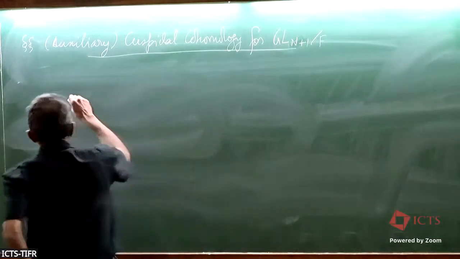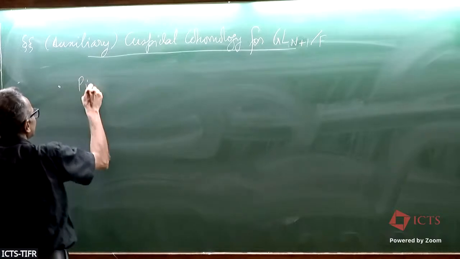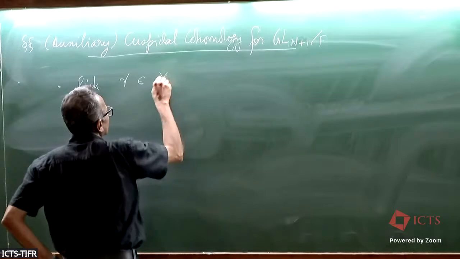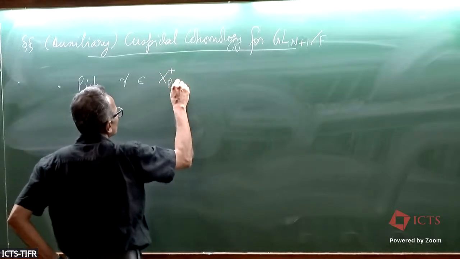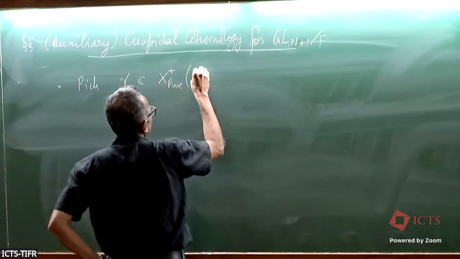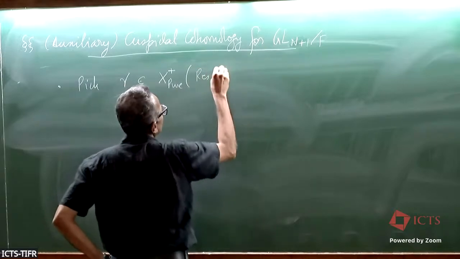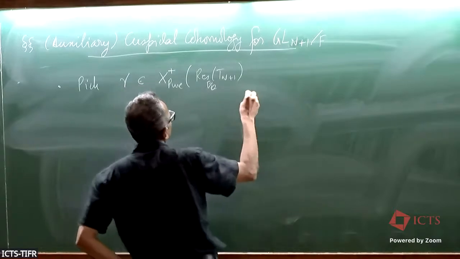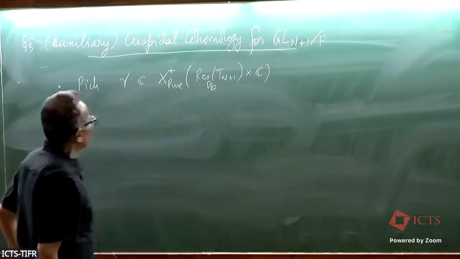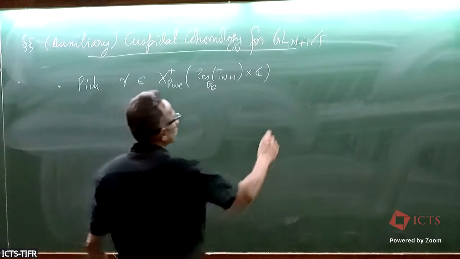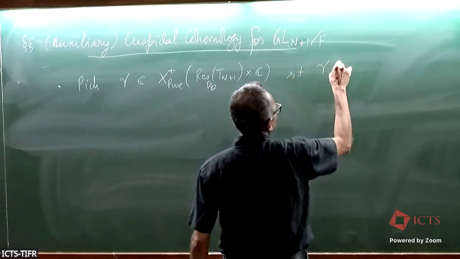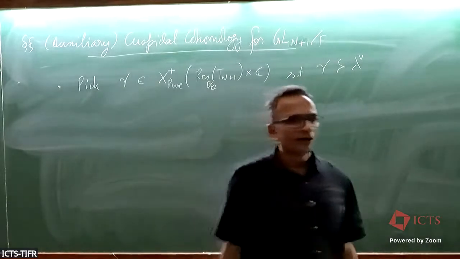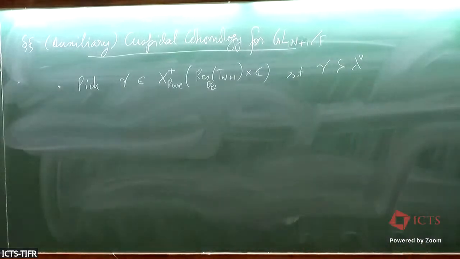So what you first do is you pick a weight, say gamma, which is a pure dominant integral weight for the torus restriction F to Q of the torus T_{n+1}, such that this gamma interlaces lambda check, lambda dual. There is some idea of interlacing.